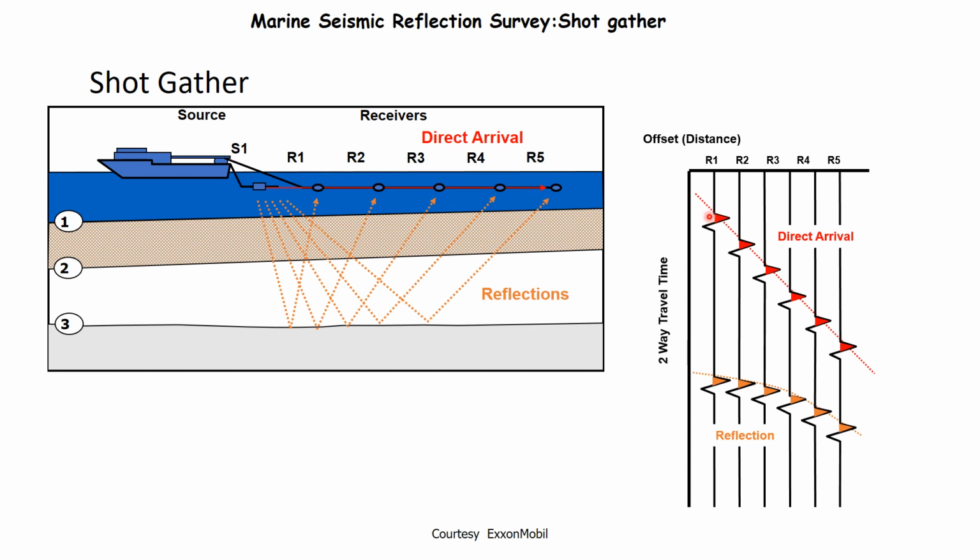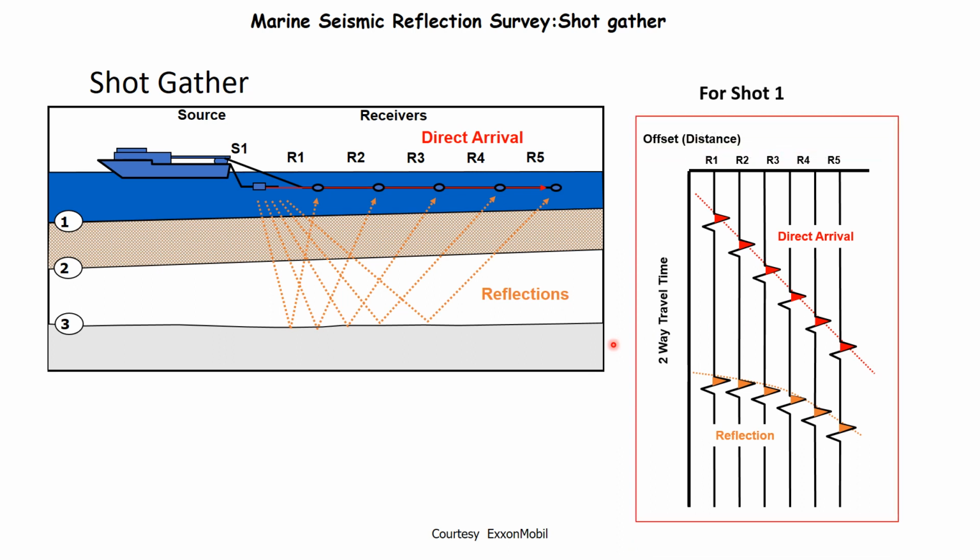From one shot we will have a response at all receivers, 1 2 3 4, and based on the offset there is an arrangement of shots. It is called the reflection hyperbola. For direct arrival the slope is much steeper than the reflection curve. The travel time curves of the direct arrival and the reflection I have already discussed in my previous lecture.